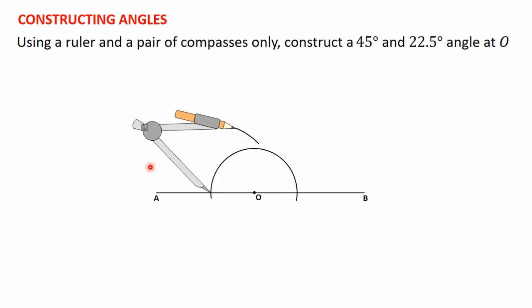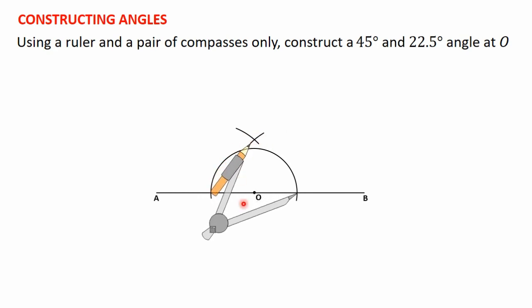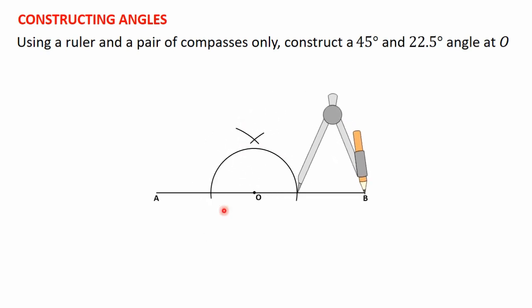After that, with the same radius, you move the needle of the compass from this point, then you put it on this point, which is the second point of intersection of the straight line and the semicircle. Then you turn the compass and you construct an arc to intersect the first one that you drew, just as I have done here.